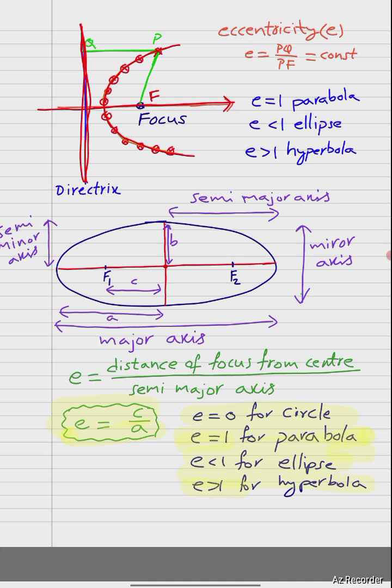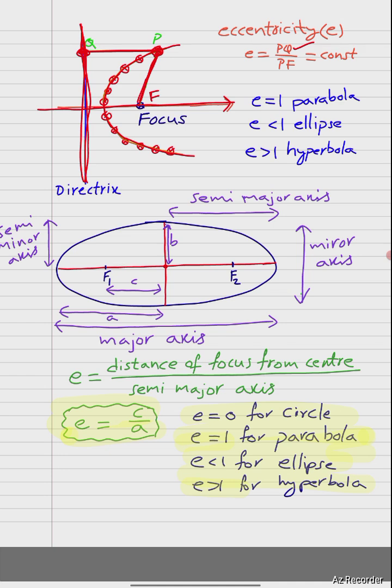From that point to the directrix, draw a horizontal line. That gives you PQ. Then draw one more line between the point P and the focus of that curve.